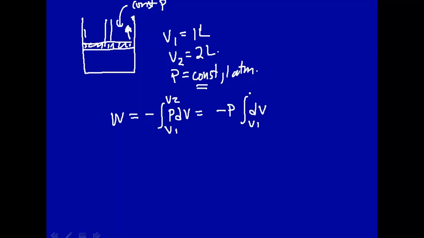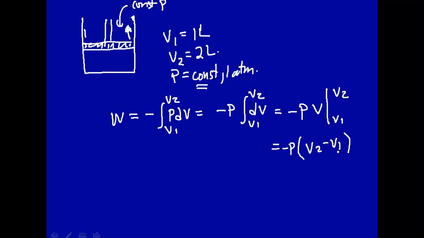The integral of just dV is just V evaluated between the limits V1 and V2, and that's just equal to minus P, V2 minus V1. Oh look, final minus initial, so we can compactly note this as minus P delta V, where delta means final minus initial.